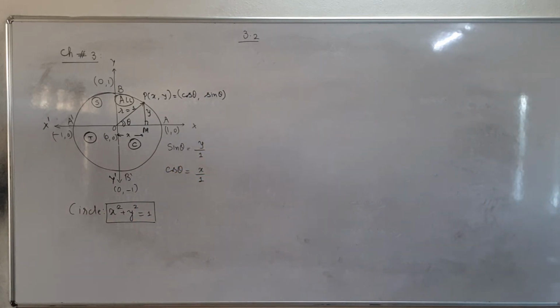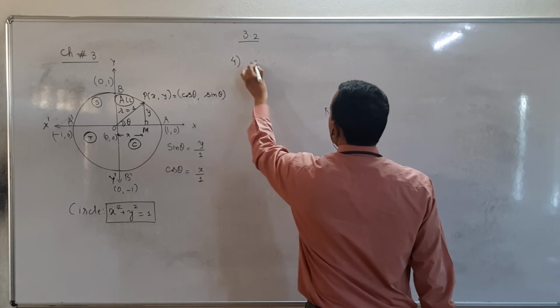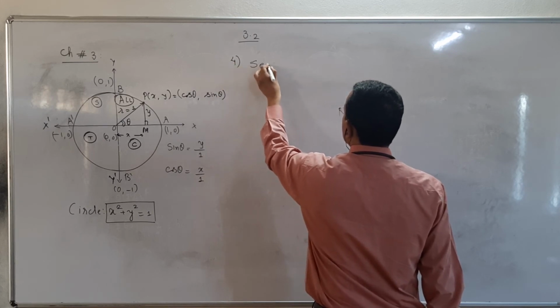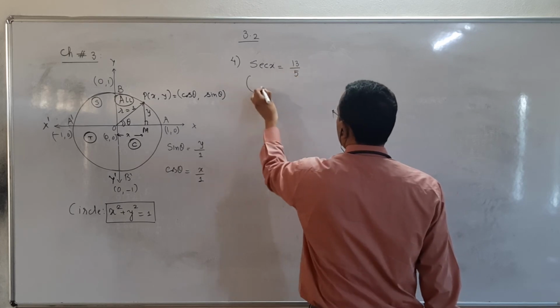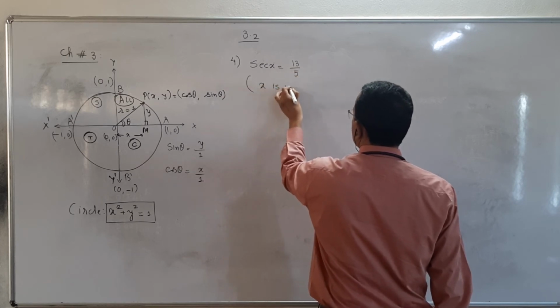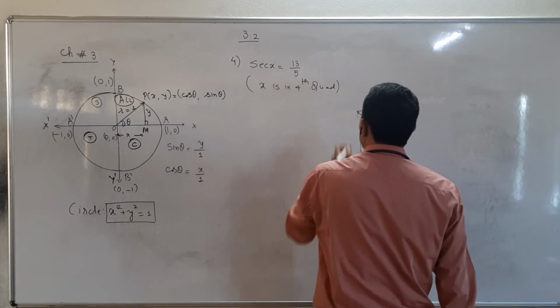Okay, sec x is equal to 13 by 5. X is in the fourth quadrant.